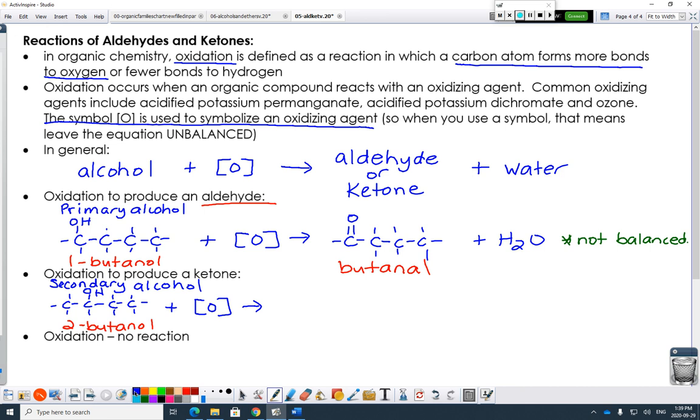So still the same thing. We want to make more bonds to oxygen. That means we have to get rid of hydrogens, which is great because we want to get water. And the O for the water comes from the oxidizing agent, but we're not going to stress too much about it, okay? So this carbon this time stays the same. There's no O there. Now this one has the O. We're going to make more bonds to the O. And this is also not balanced.